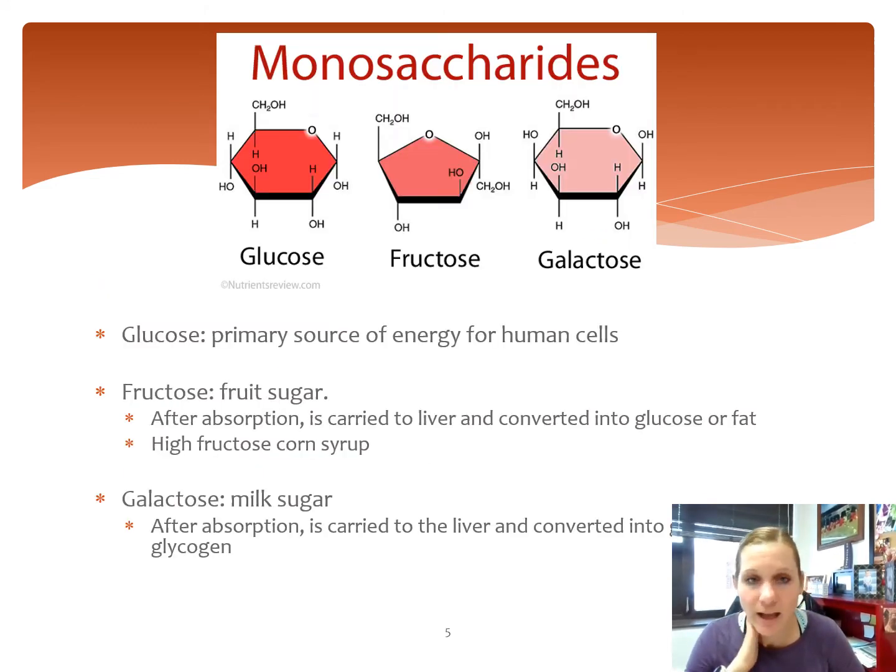So let's take a look at the chemical composition. As we mentioned, the chemical structure of the sugar molecule involves carbon, hydrogen, and oxygen. Here you can see our three different monosaccharides: glucose, fructose, and galactose. Certainly I'm not going to test you on the chemical differences of these molecules, but I want you to appreciate how similar they look.